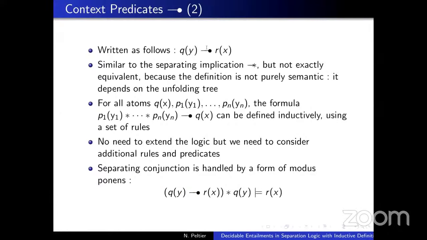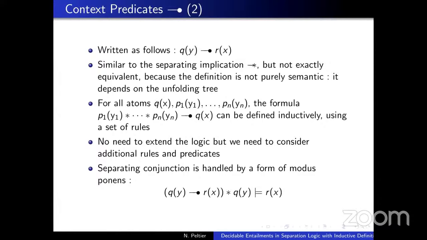So this is written as follows, using this special operator here, which is similar to the separating implication for those of you that are familiar with separation logic, but it is not exactly equivalent because here the definition is not purely semantic. It depends actually on the unfolding tree of this predicate symbol.